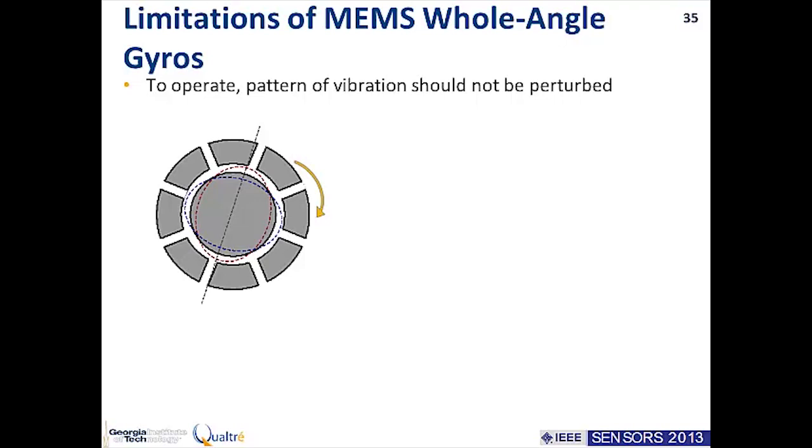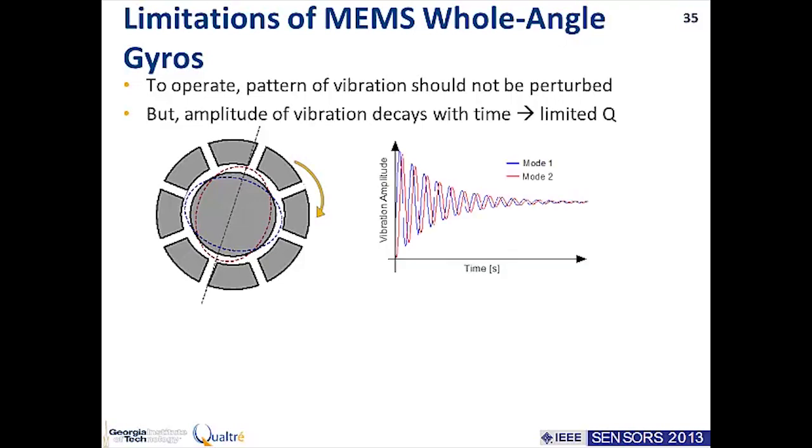Now, the problem is that MEMS devices have limited Q. So obviously, if you excite the structure into oscillation, as time progresses you're going to have a decay time. And then at some point, you're going to have to go back and replenish that energy so that you can take your measurement once again.